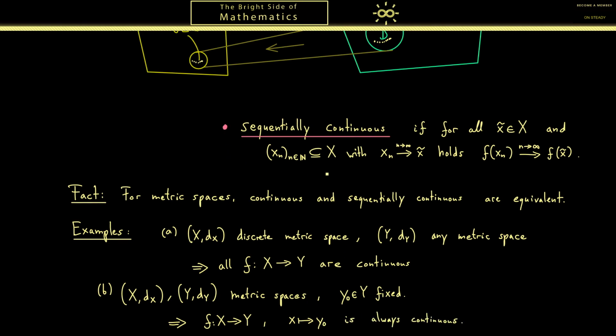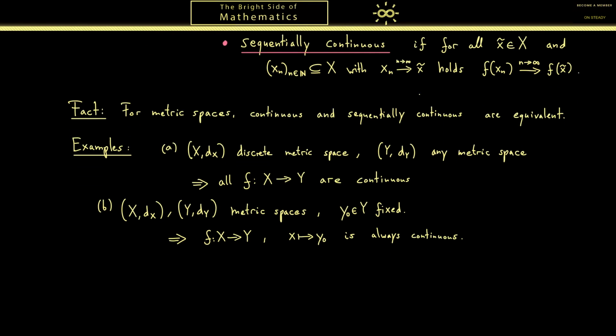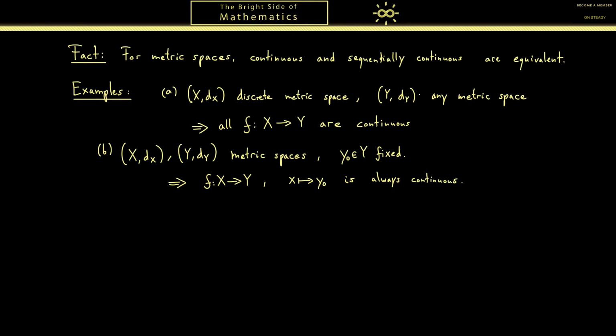Indeed, this is what you see immediately by looking at the definition of sequentially continuous. The left hand side is always y0, the right hand side is always y0, so we stay at the limit point for all n.